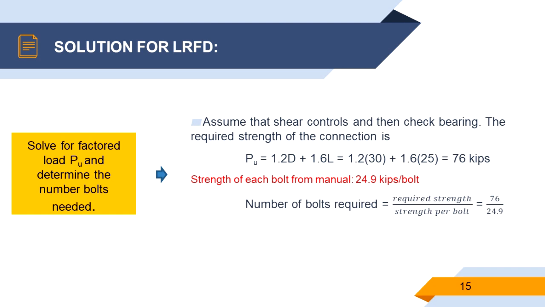The number of bolts required is equal to required strength over strength per bolt, which is 76 over 24.9. The number of bolts required is 3.05 bolts, and try 4 bolts, 2 per line, 1 on each side of the splice.